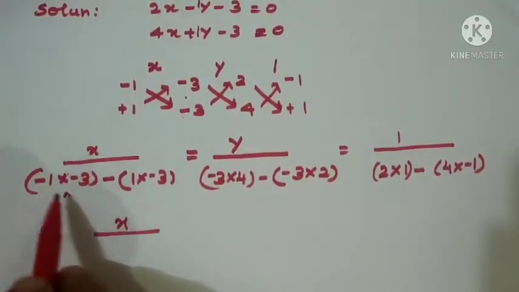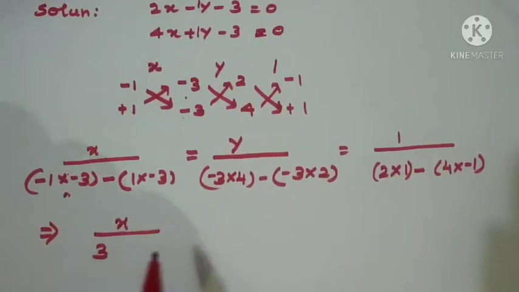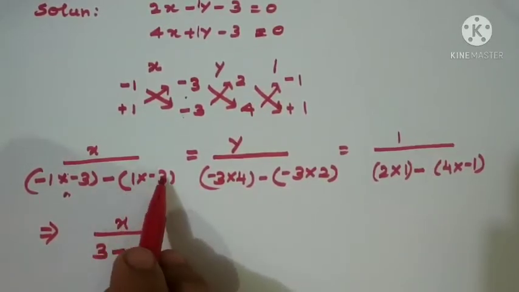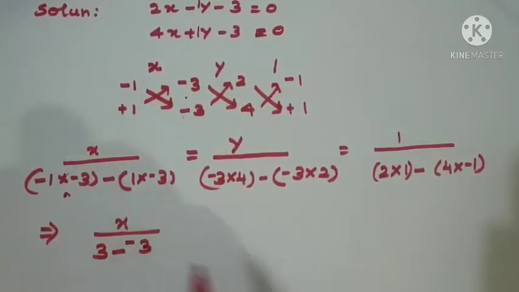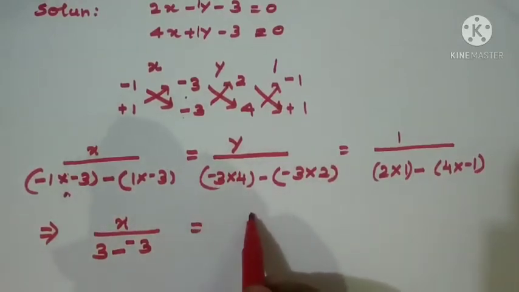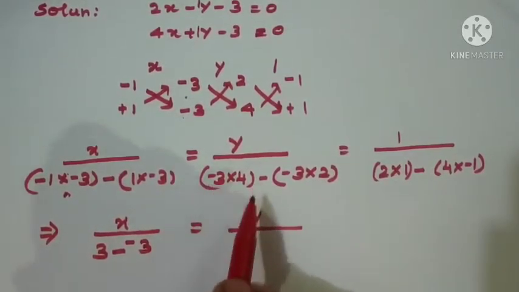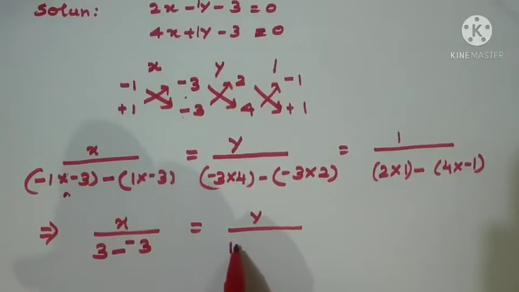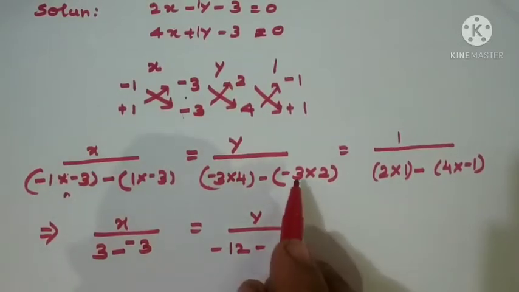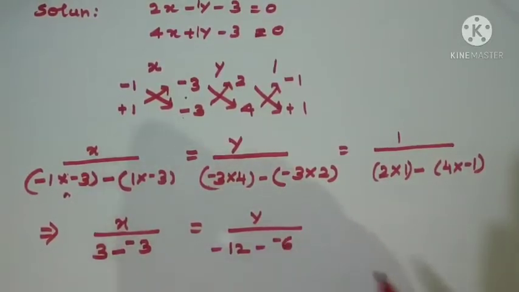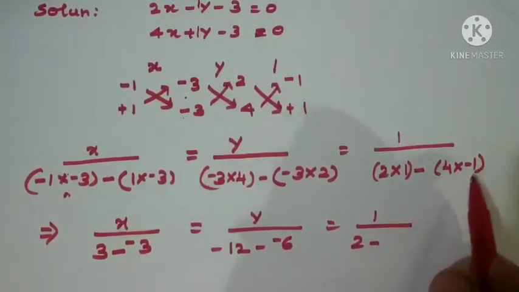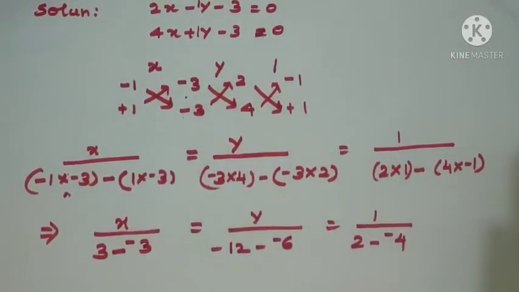x divided by −1 into −3 is 3, −1 into −3, that is also −3, equal to y divided by −3 into 4, −12, minus is there and −6 here, 1 divided by 2 minus 4 into −1, minus 4.